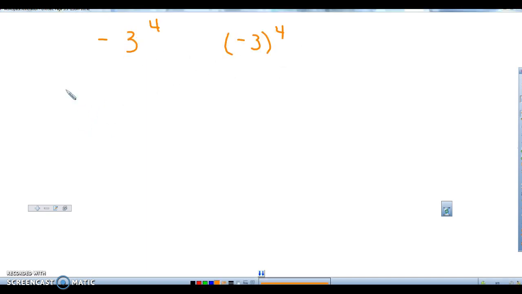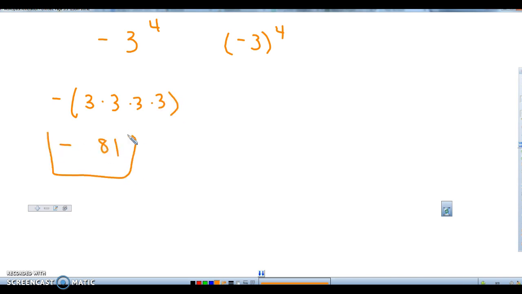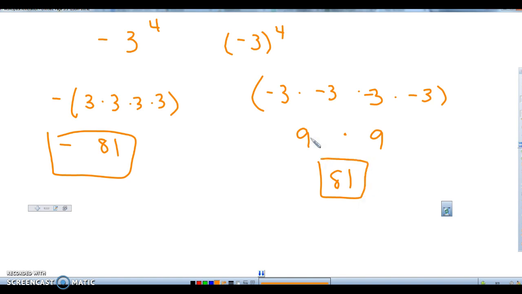What does that mean? Well, this is the negative of 3 times 3 times 3 times 3, or the negative of 81, versus this is -3 times -3 times -3 times -3. -3 times -3 is 9. -3 times -3 is 9. 9 times 9 is 81. So here we get a positive answer versus here we get a negative one. So you do need to be careful on that.